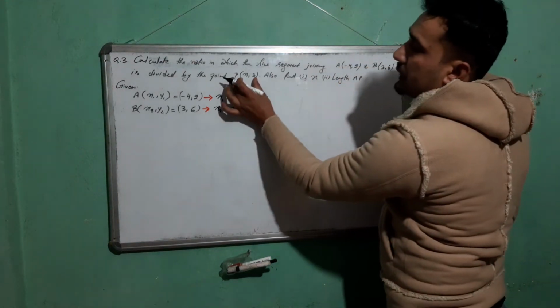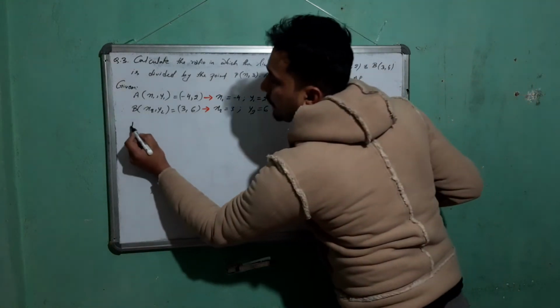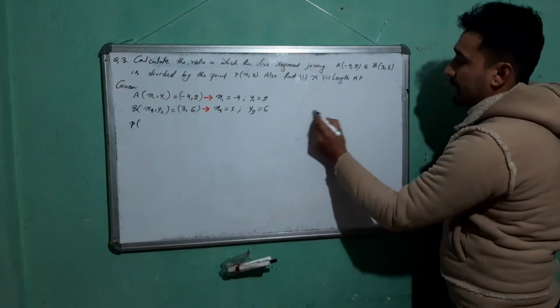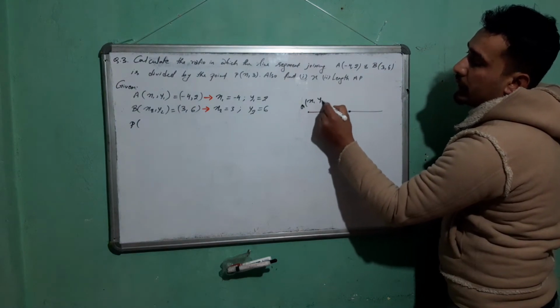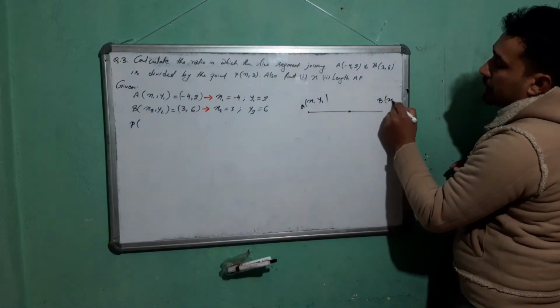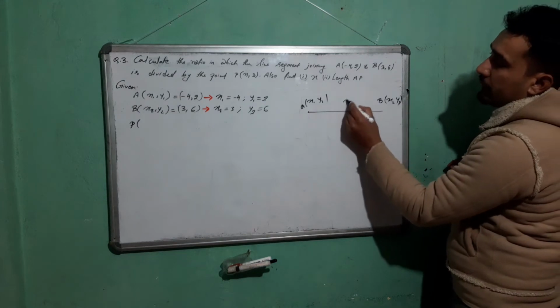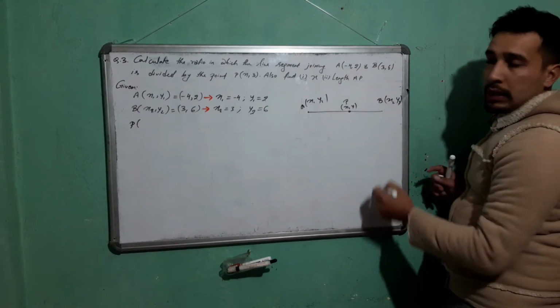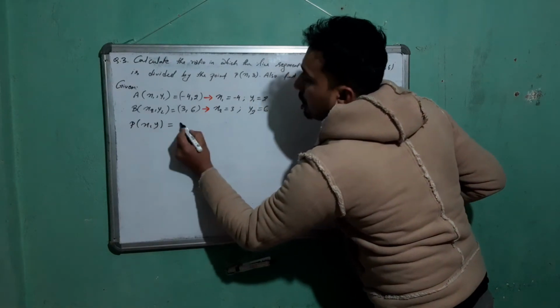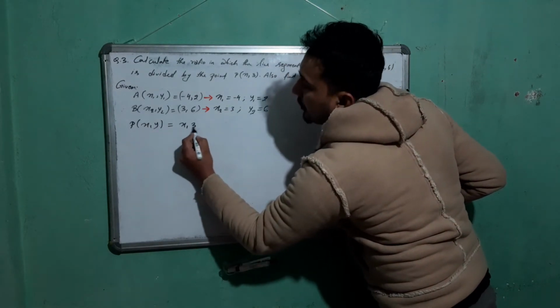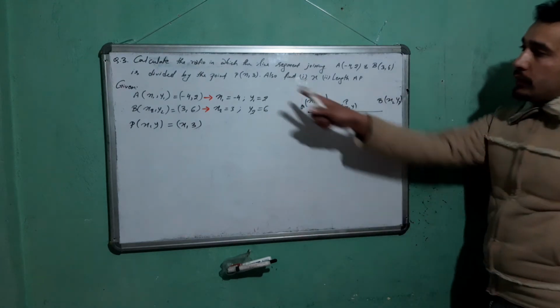The point that divides the segment is given as P. In the formula I gave you, this is A (x1, y1), this side is B (x2, y2), and the dividing point I gave you as P(x, y). So P(x, y) is equal to (x, 3).